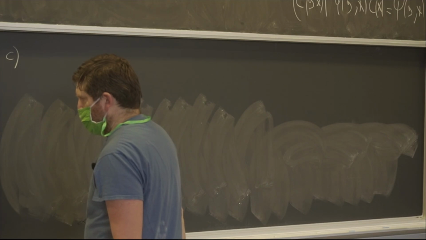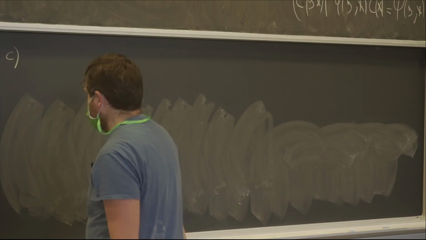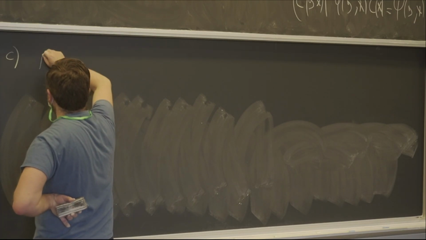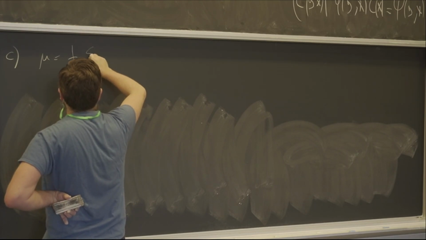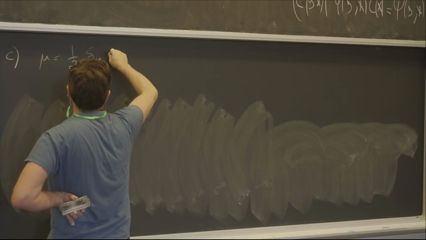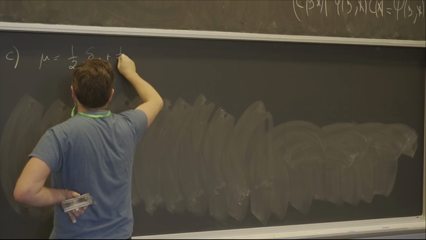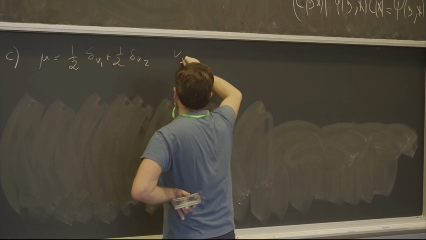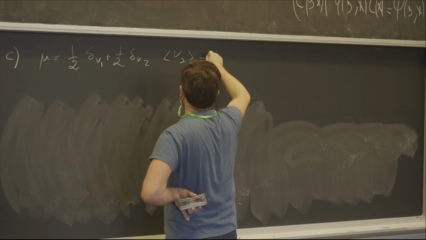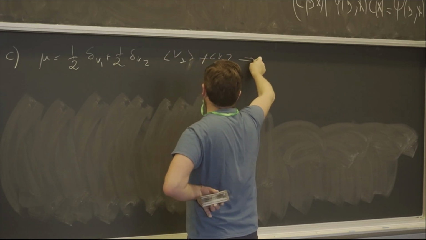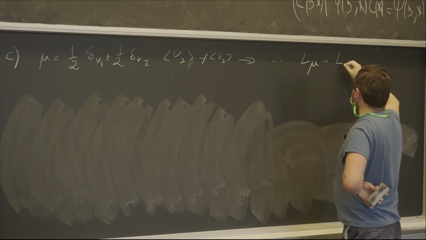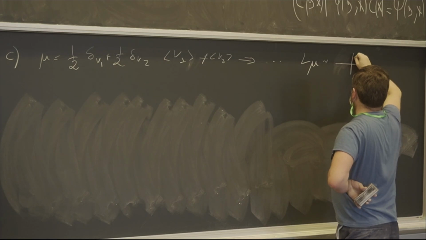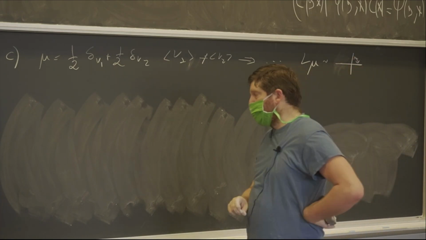The next case is a little bit more complicated, although I don't think it should be too much complicated. This mu is 1/2 delta V1 plus 1/2 delta V2, where V1 as direction is different from V2, and then similar L mu is pretty much the previous guy that we were discussing.